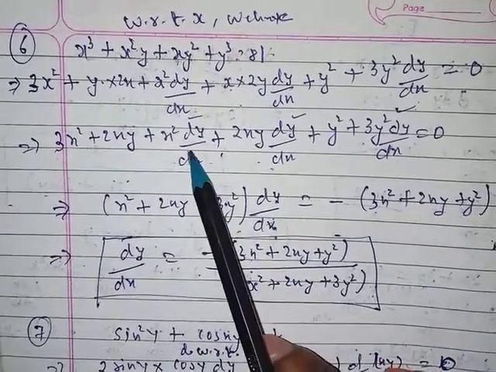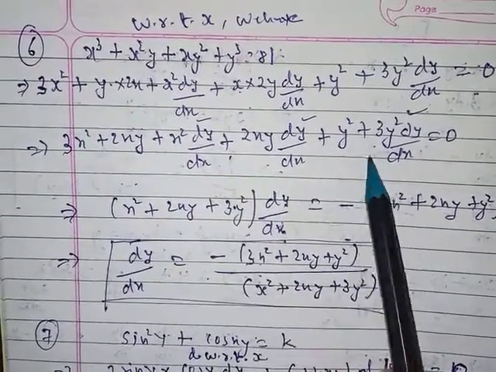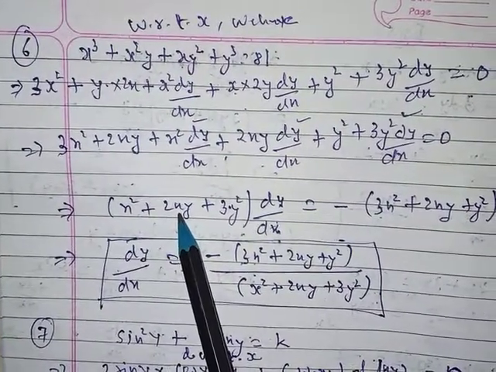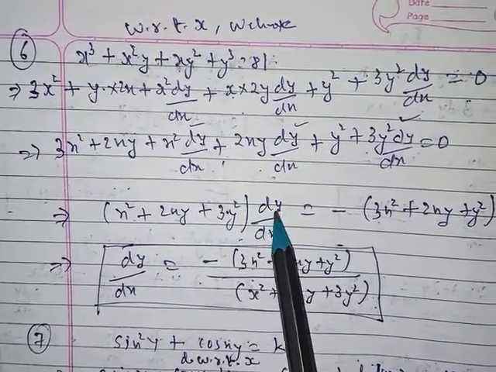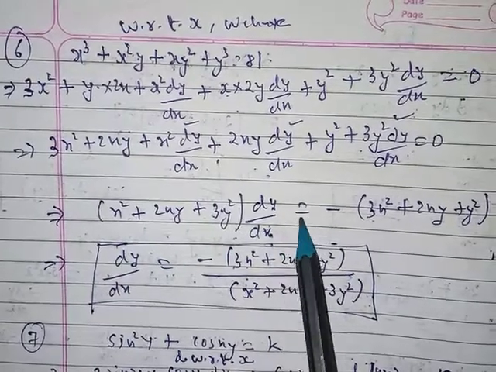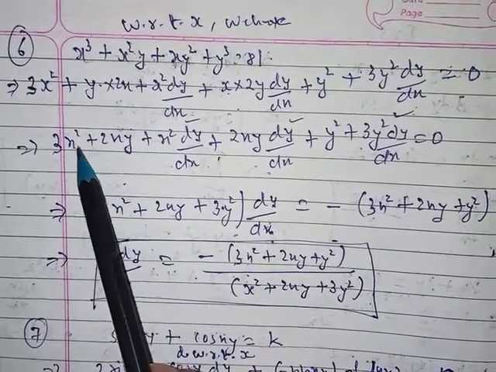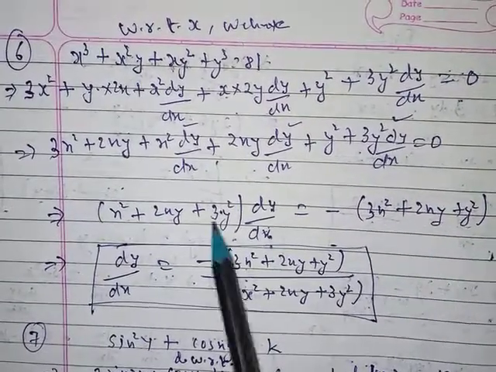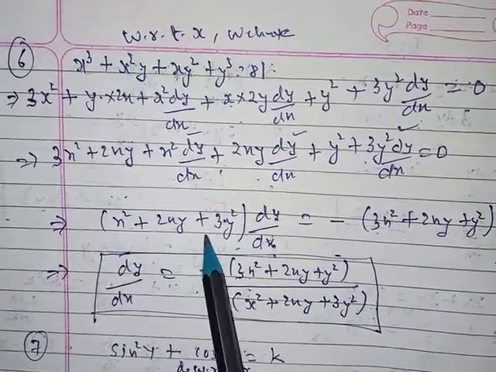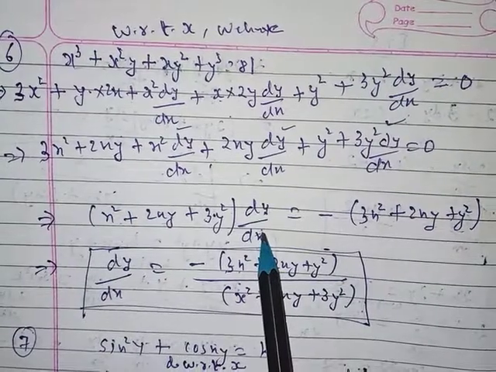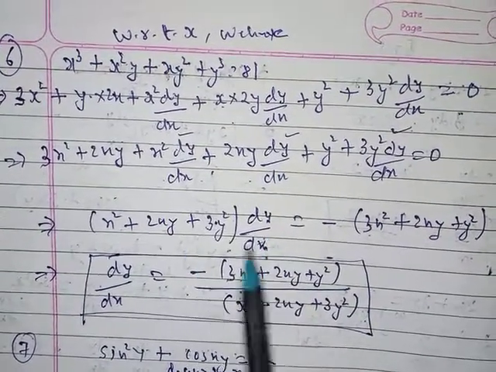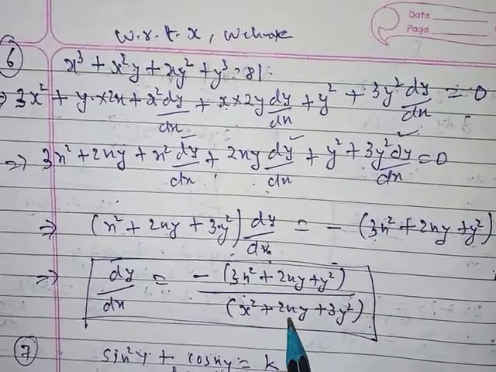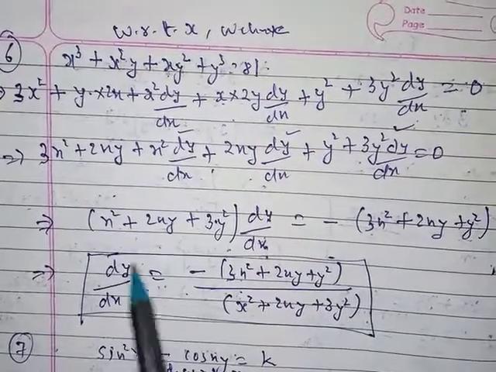If we take dy by dx common, so (x square plus 2xy plus 3y square) in the bracket, dy by dx is equal to minus (3x square plus 2xy plus y square). This will be put in the bracket. Now this bracket and the dy by dx have a relation of multiplication, so it will go in division. So dy by dx equals minus (3x square plus 2xy plus y square) upon (x square plus 2xy plus 3y square).